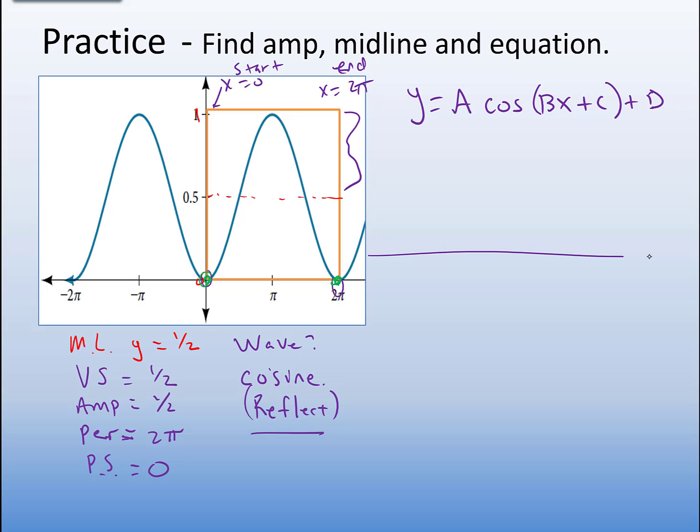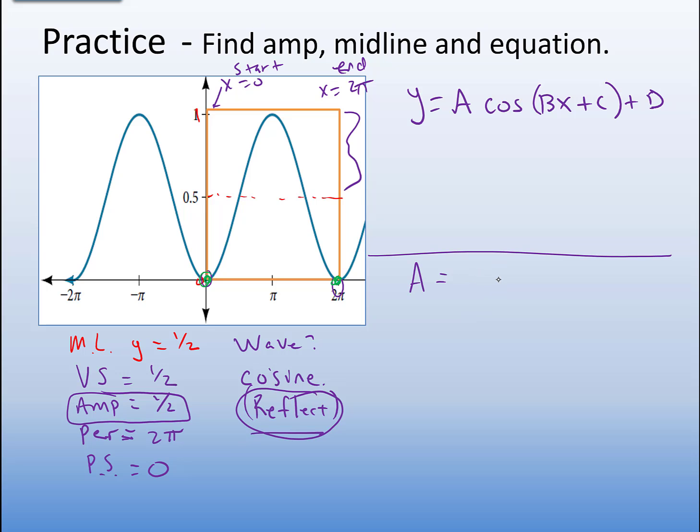Easy things first. Amplitude. Since we know the amplitude is a half, true or false? A equals 1/2. Well, I hope you're thinking false, because we have to remember that this one has been reflected. So the amplitude is a half, yes, but the A number is negative 1/2.